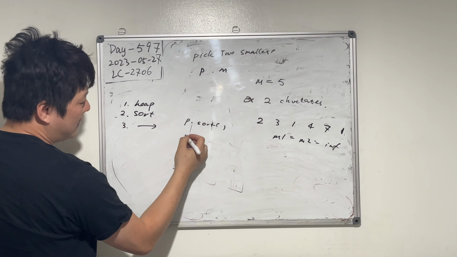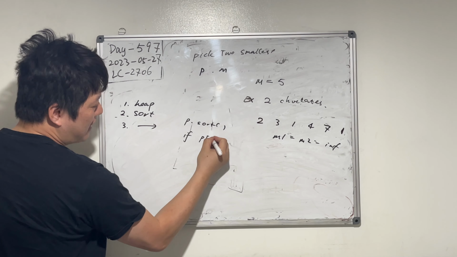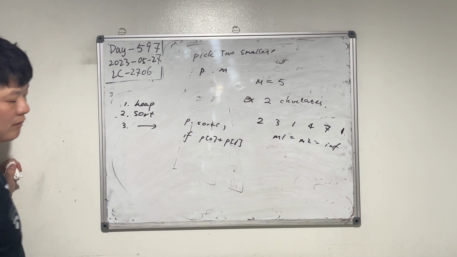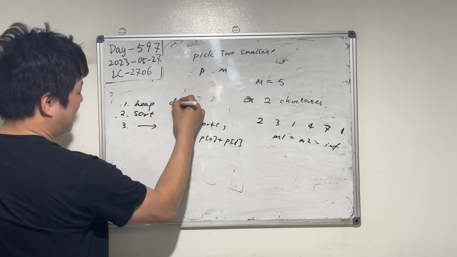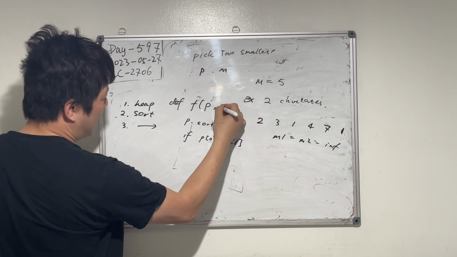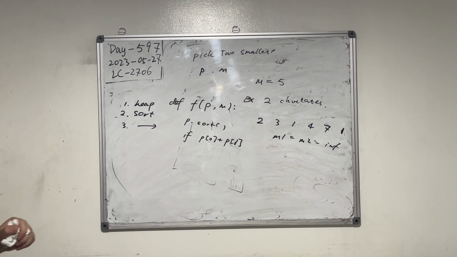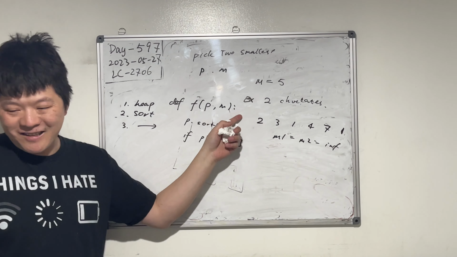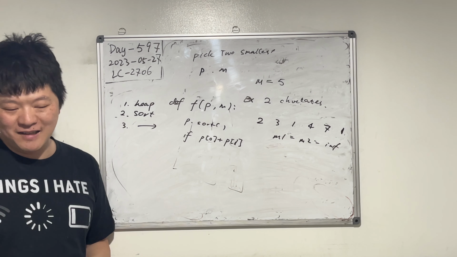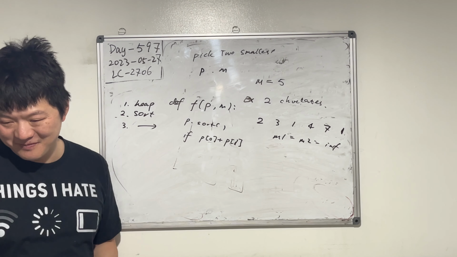But don't you need to put what's P and what's M? Define, yeah. Let's say function f(p, m), colon. Oh, we haven't done this colon thing for a long time, right? Remember in the early days, I always said, what's missing? And then you just say, colon.